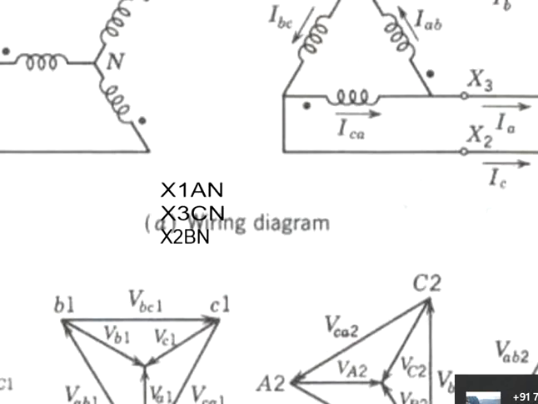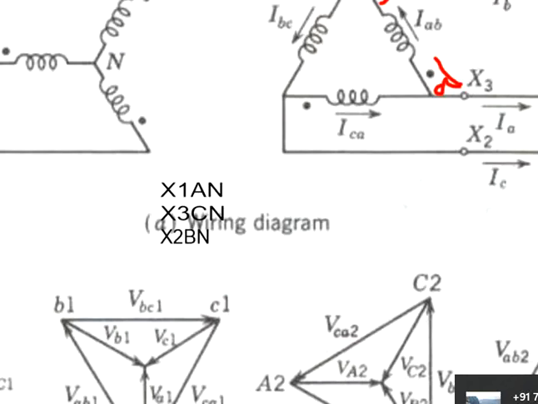So it becomes A here, and the terminal here is B. Now if it is B, then this is C. Now this terminal is C. If I assume my current is entering here, then it becomes A, B, C.